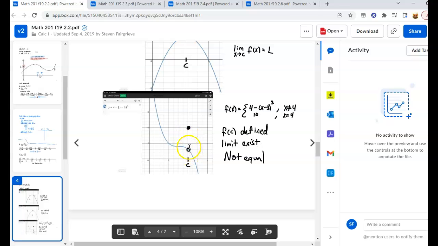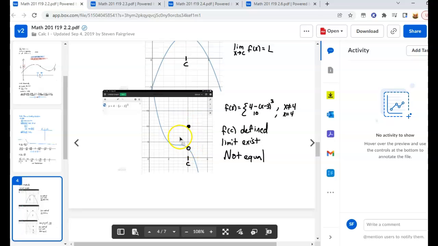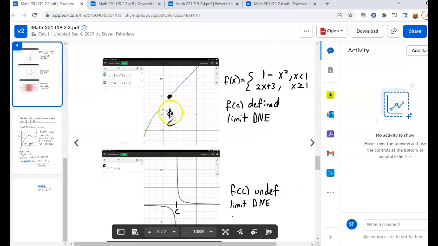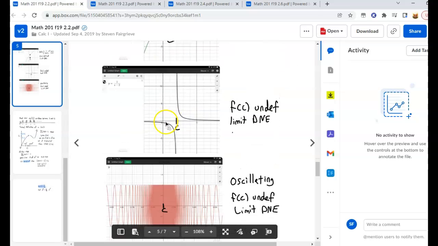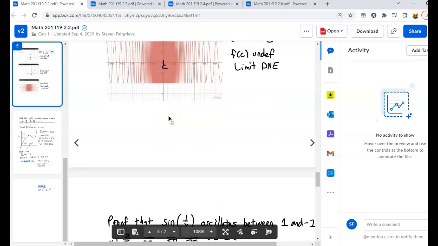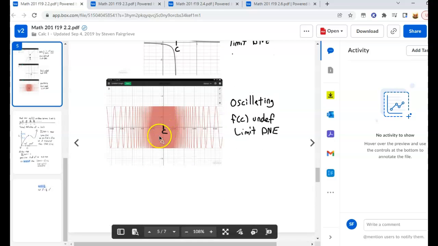Here, same thing, the limit is what it's approaching, even though it's different than the function value. Here, it doesn't settle into a single value, so there is no limit. Or, as was the case here, it's a vertical asymptote. The two sides are going to positive and negative infinity, so overall there is no limit. Or it could have been a case where it oscillates.